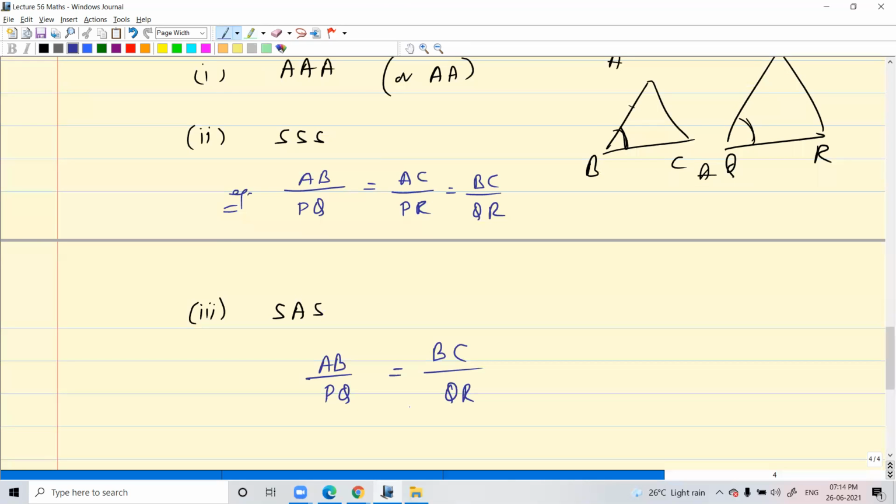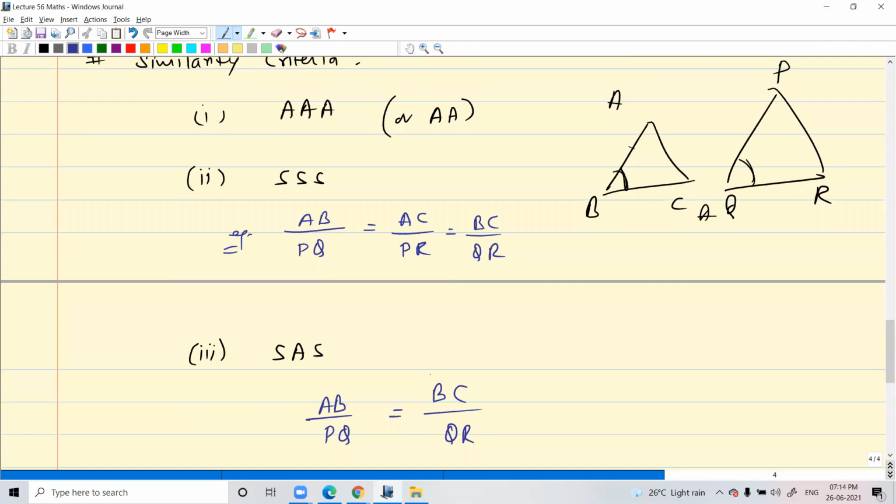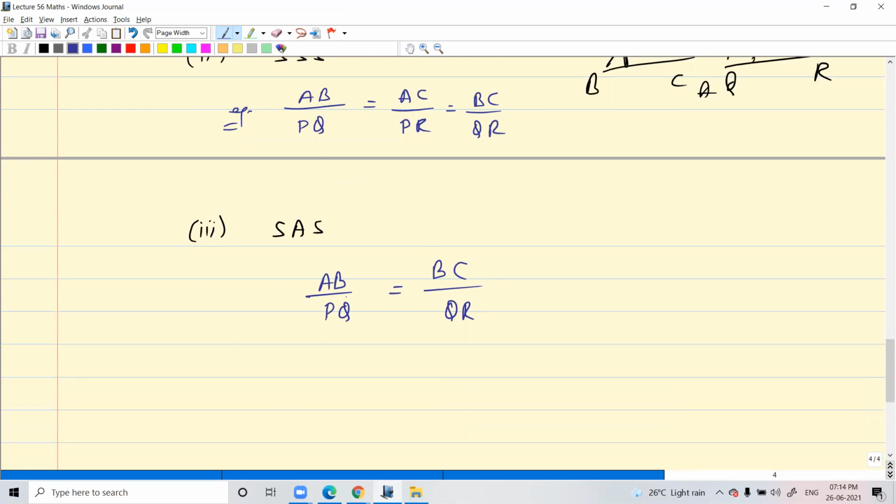Then tell me which angle has to be equal so that we can use SAS criteria? Angle B equal to angle Q. Yes, angle B has to be equal to Q. Everyone is able to understand that? So if these two conditions are there, then we can use SAS.